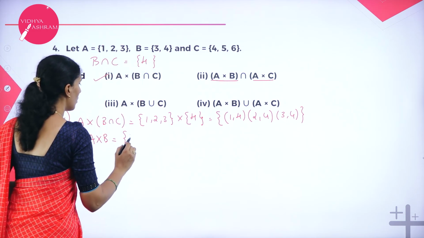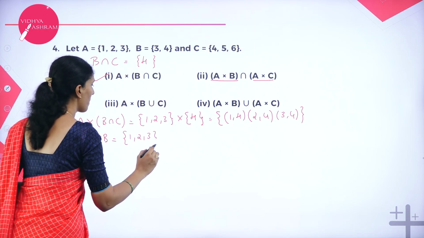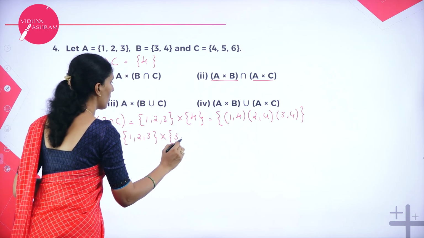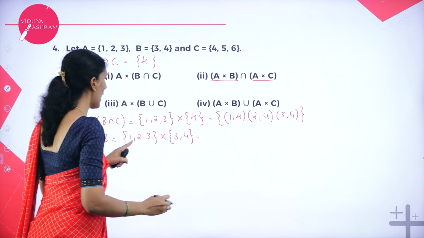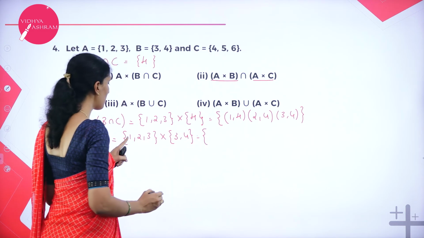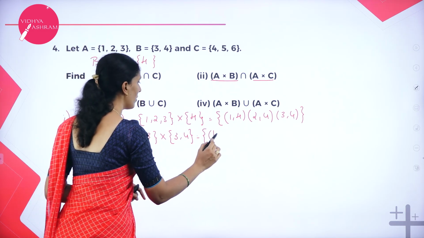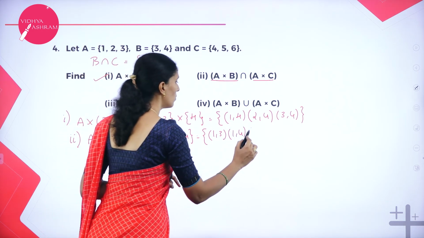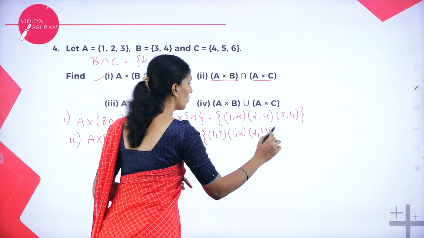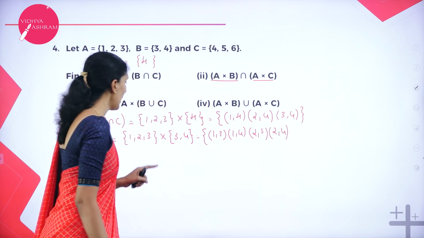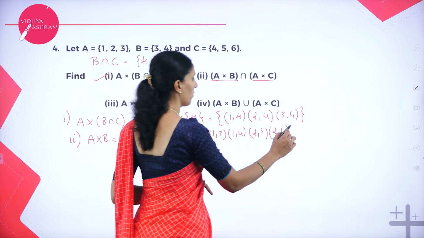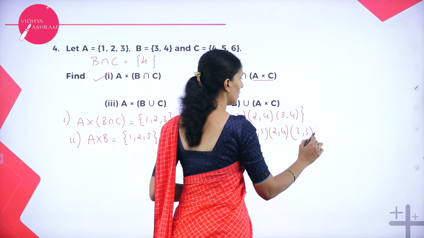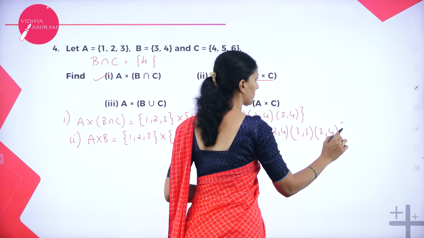If I pair them, first with 1: (1, 3), (1, 4). Next with 2: (2, 3), (2, 4). Next with 3: (3, 3), (3, 4).